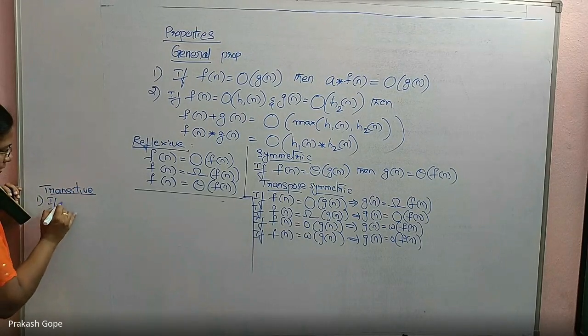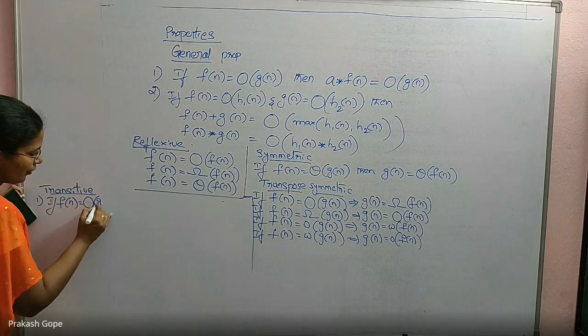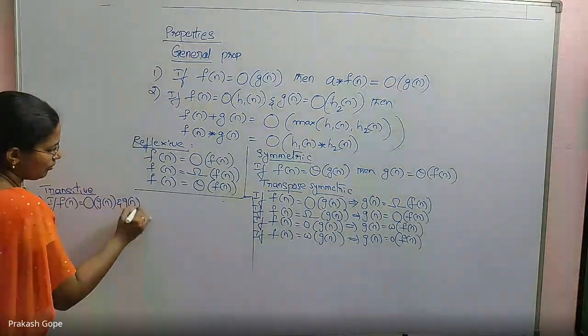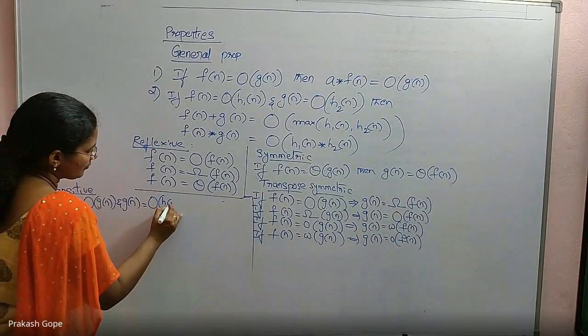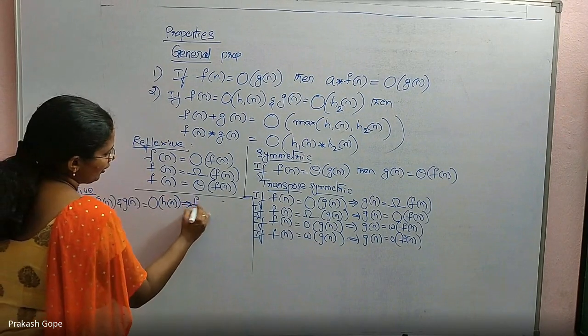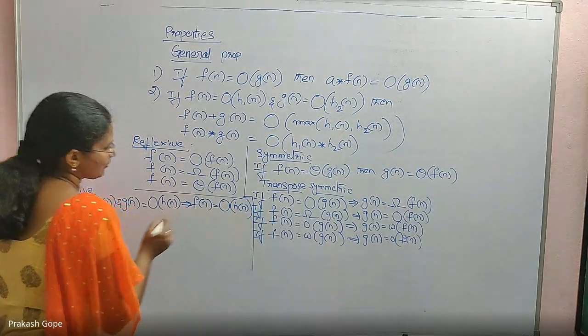First one, if f of n is equal to big O of g of n and g of n is equal to big O of h of n, then that implies f of n is equal to big O of h of n. Correct.